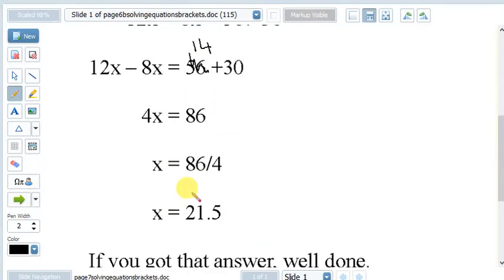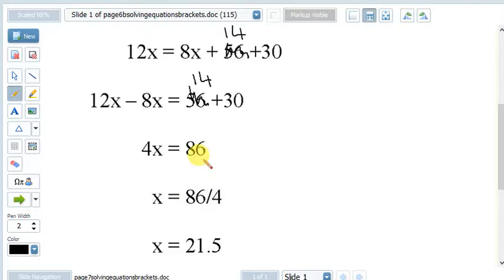Okay, so let's now have a look. So now what we've got is 12x equals 8x plus 14 plus 30. So this one here is an unknown, and that one there's a known, and that one there's also a known. So what we need to do to get the unknowns on the left hand side is to move that across there.